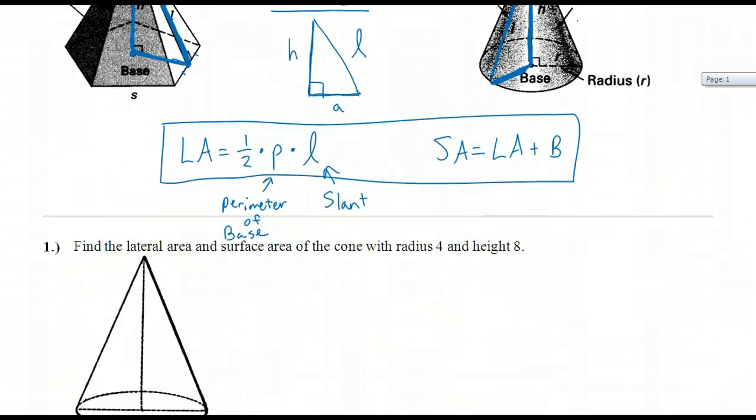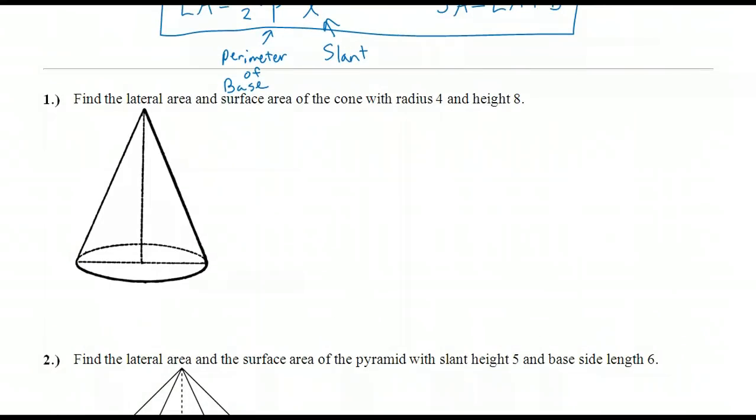Let's do example number 1. First thing that I always want to do is draw out my base. In this case, I have a cone, so my base is going to be a circle. And I'm told that my radius is going to be 4.